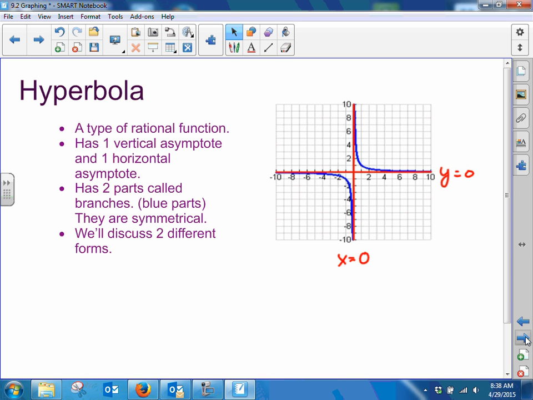So you notice we only have the hyperbola in the first and the third. There's a reason why it's in the first and the third. These are symmetrical. So what does that mean if they're symmetrical? They're the same, right? Yes, I can reflect one onto the other and it's the exact same. That will always be true.